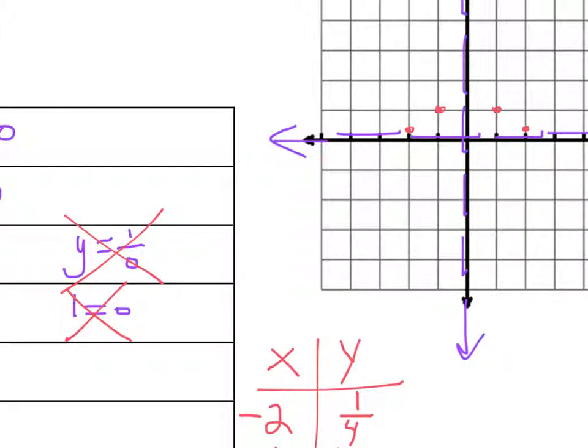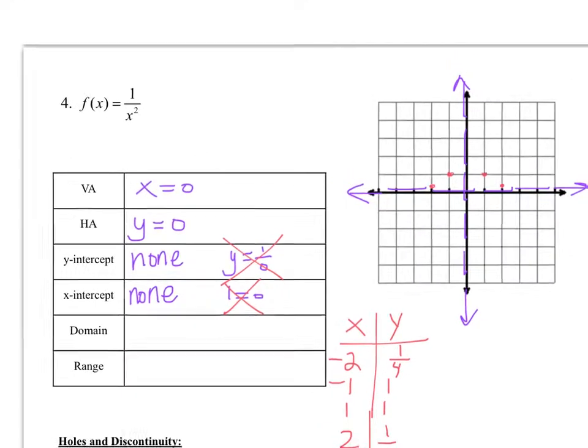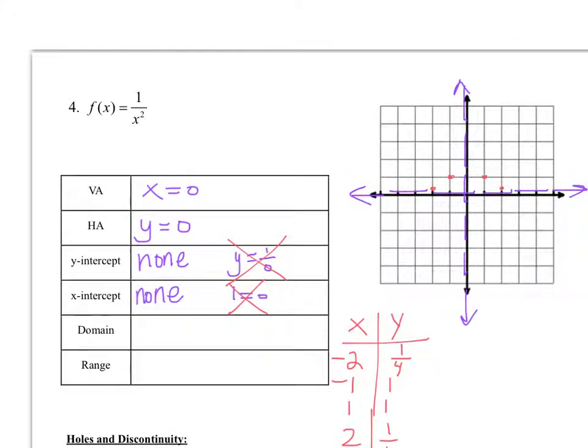Now it looks like my graph is slowly increasing. If I were to test this theory by plugging in other values, I could plug in, for example, 1/2. And if I plugged in 1/2, 1 divided by 1/2 squared gives me 1 divided by 1/4, which is actually 4. So at a half, my function will be up here at 4.